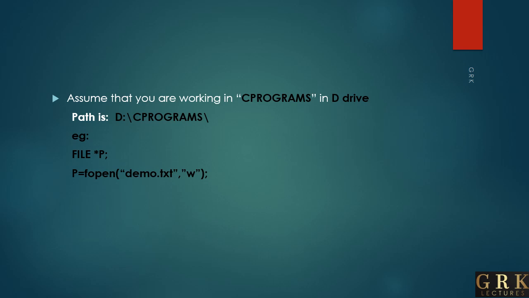Once the file has been opened, fopen returns a file pointer. That's why p has been declared as a pointer of type FILE. If the file is successfully created, then demo.txt will be created if it is not already available in this directory.